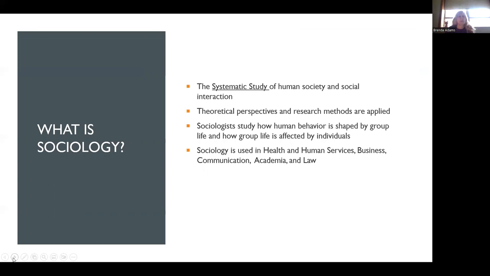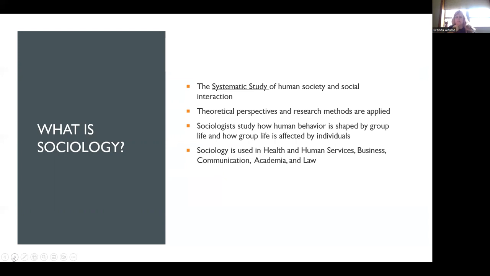Sociologists study how human behavior is shaped by group life and how group life is affected by individuals. So it's not a micro study per se. It's more of a macro type of situation. So we look at what impact a certain society has on an individual and how that individual in turn makes an impact on that society.